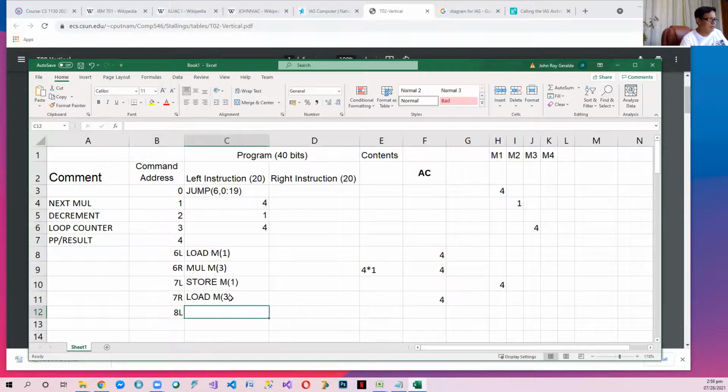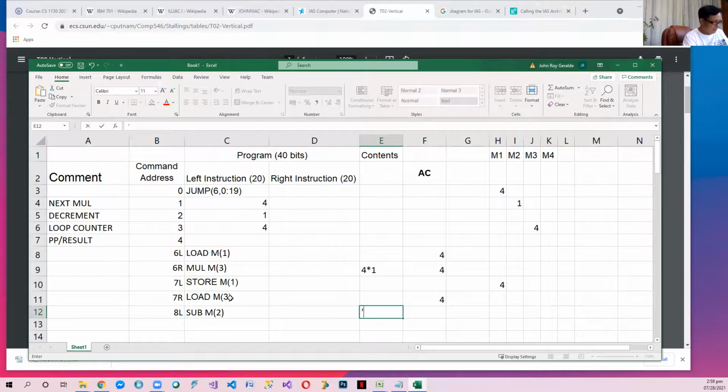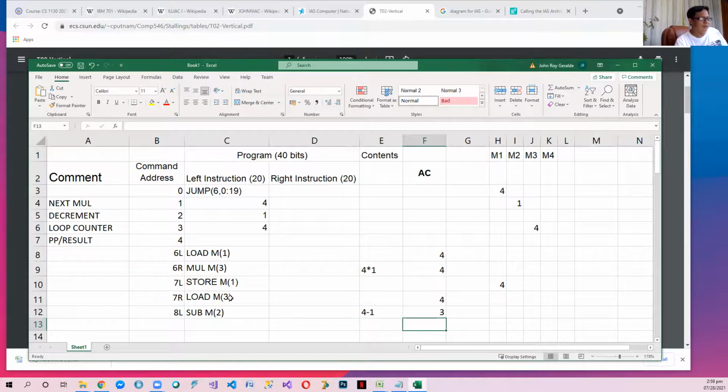And then we say sub M2. We have 4 minus 1, right? Now this becomes a 3. Do you follow? This becomes a 3.